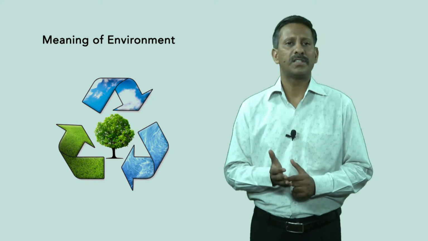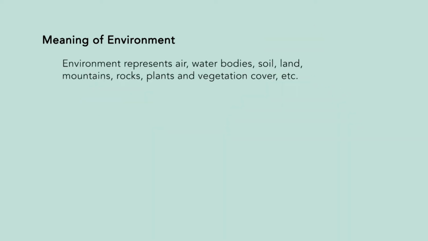Now, what does this include? It includes the air around you, the water, the land, the mountains, the forestation cover, the vegetation cover, the aquatic life around you, everything that is surrounding you, that all encompasses what we mean by environment.